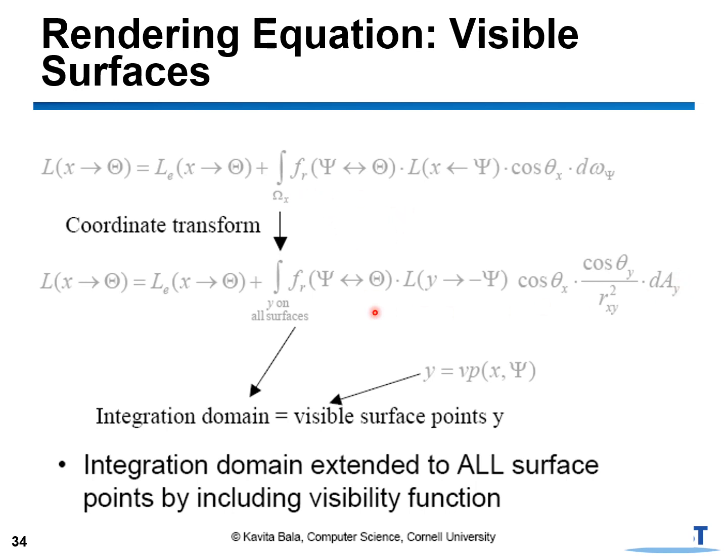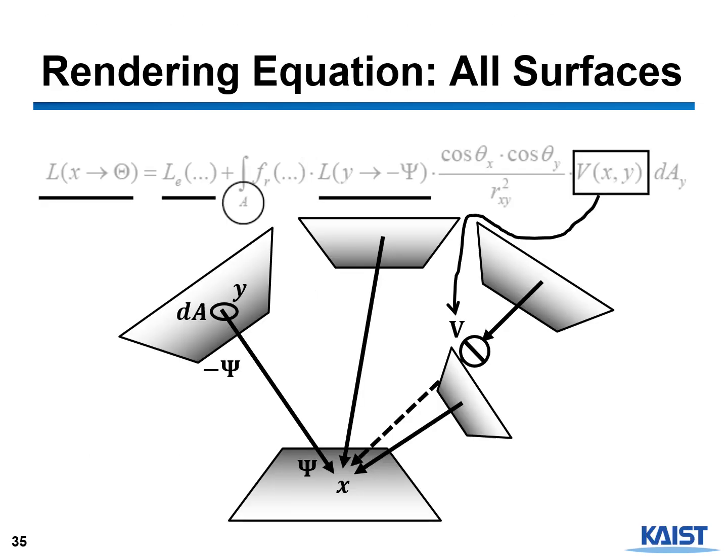The BRDF is the same, but we changed the incoming radiance to L of y, the radiance value from y in the direction of minus psi. y is the visible point, and we changed the solid angle into this area formulation, and basically the integration domain is the visible surface points. Then we introduced the visibility function, as I will explain in the next slide. So now this is the final rendering equation in the area formulation.